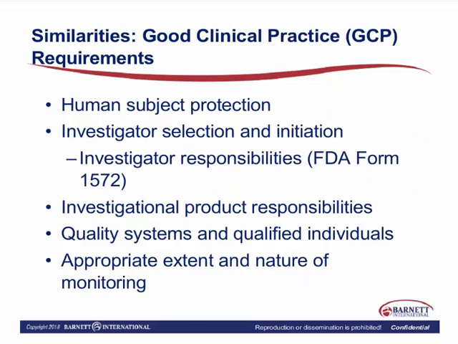First, it is important for us to understand that core GCP requirements do not differ between oncology trials and those in other therapeutic areas. The requirements for informed consent, for the protection of research subjects, appropriate investigator selection, and assurance of investigator responsibilities being adhered to as detailed in the FDA 1572 still apply equally to oncology trials.